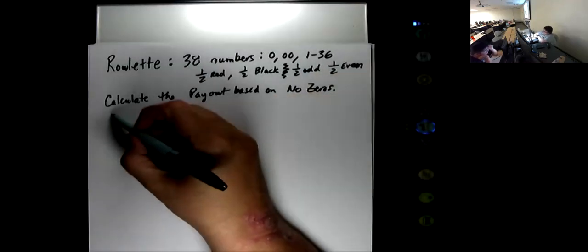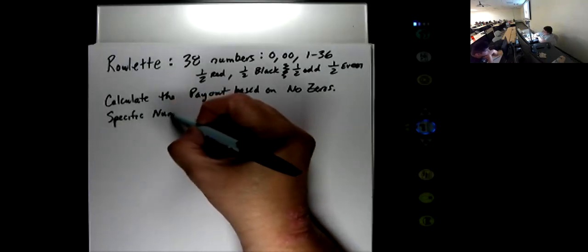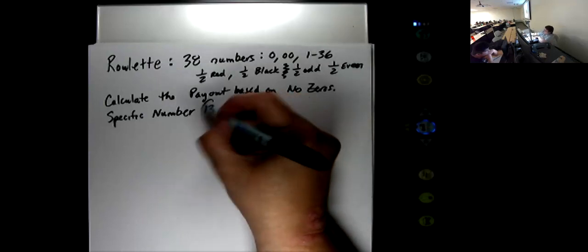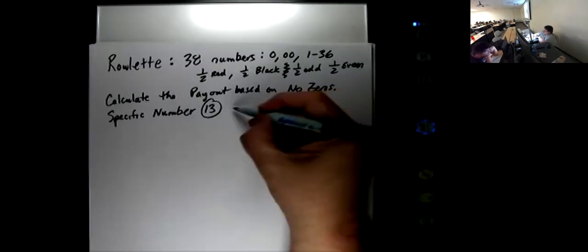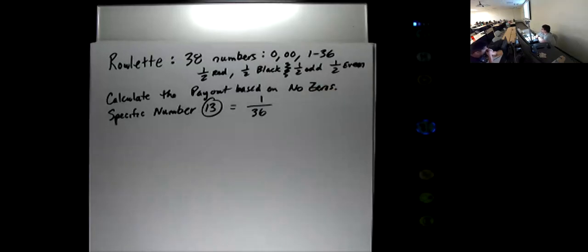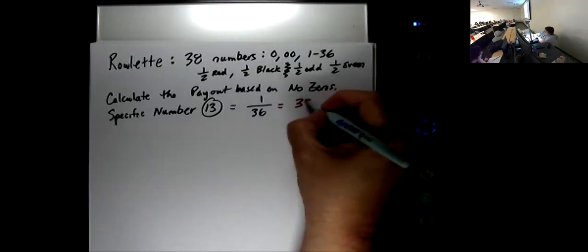So let's look at getting a specific number, say 13. There are 36 numbers and only one outcome that's favorable, not including the actual 0 and double 0. The payout is in terms of odds, 35 to 1.